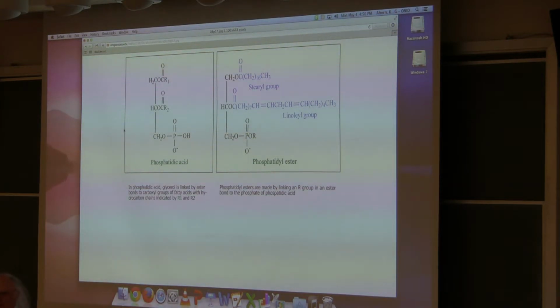The regulatory subunits bind to nucleotides, and those nucleotides change the structure and the activity of the enzyme.